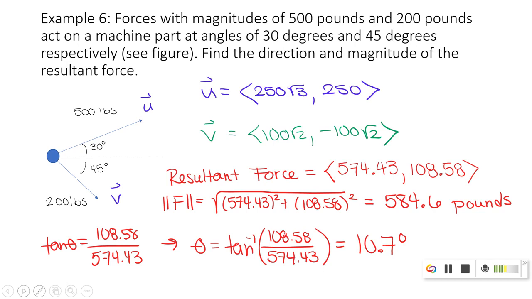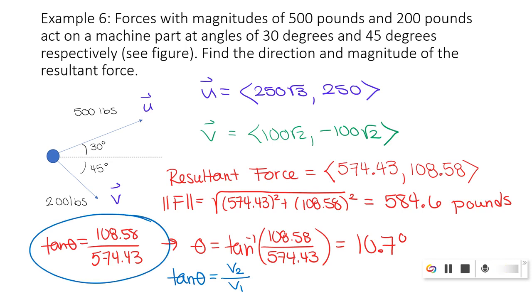If you want to find the direction angle of your vector, you can always take tangent theta equals your vertical component over your horizontal component. Tangent theta is y over x. So I took tangent theta equals 108.58 divided by 574.43.